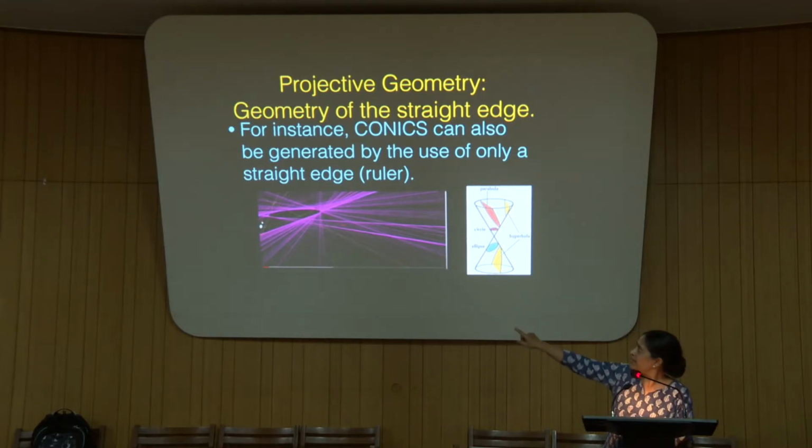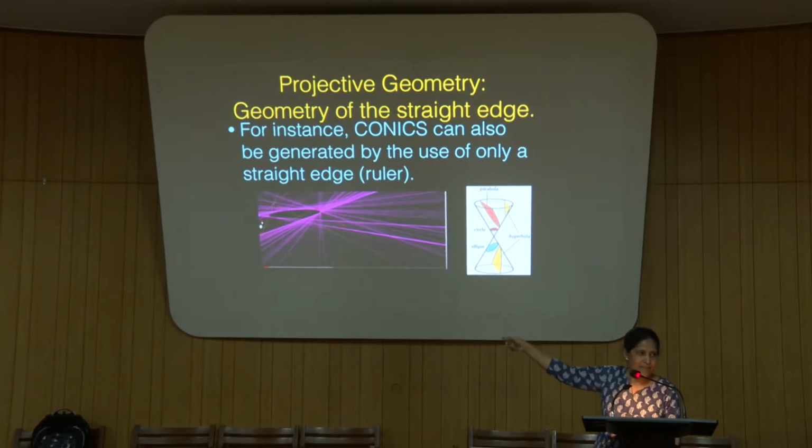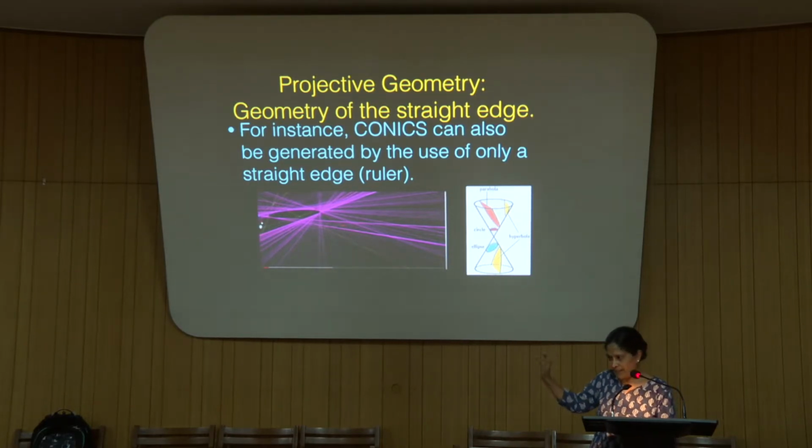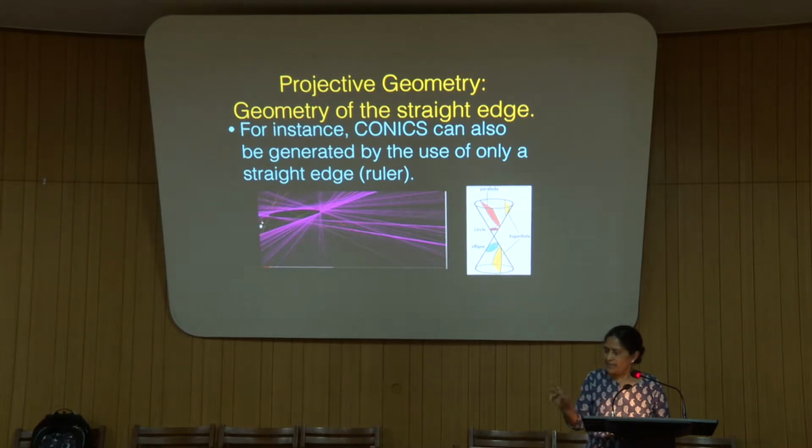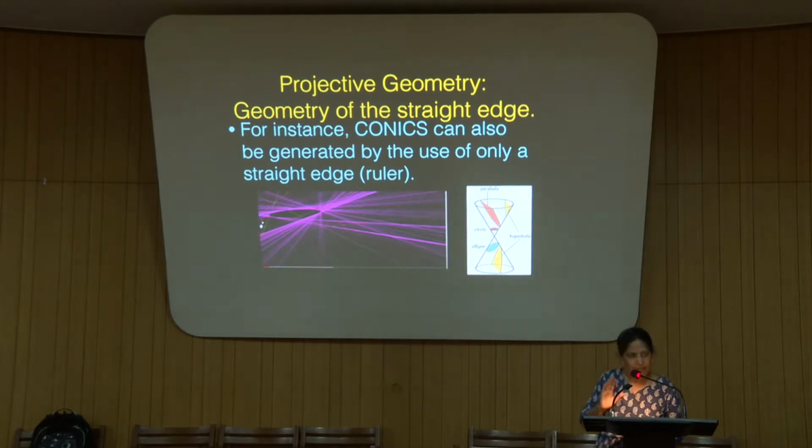If you look at this diagram over here, it's a family of straight lines which is describing an ellipse. So there is a way of doing it. I won't dwell into it. There's a YouTube channel where you can just type in how to generate a conic using straight lines. And it's very interesting. You can go over it. But it's simple at some level. You can all understand it and master it.